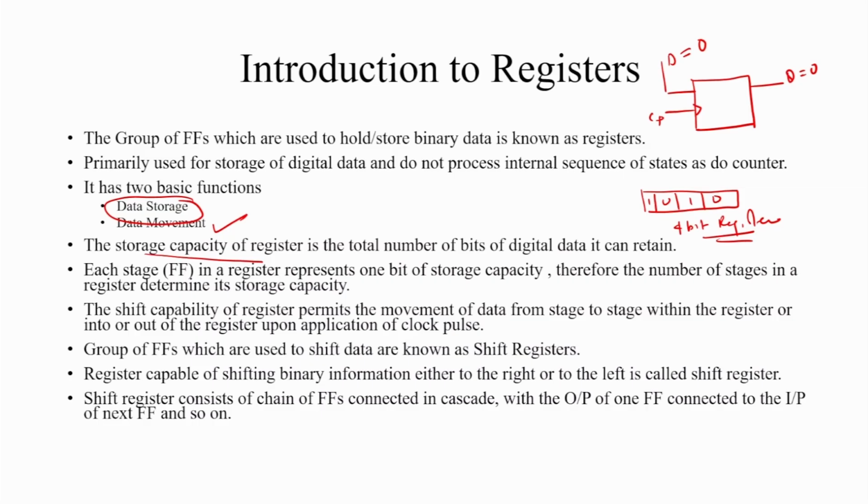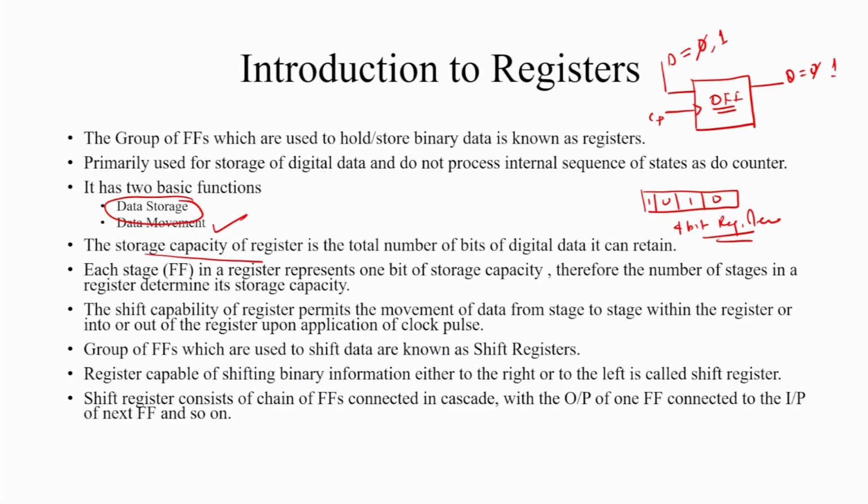When D is equal to 1, then Q is also 1, because we already know the features of a D flip flop. In a D flip flop, when the clock pulse is high, whatever the value of the input, the same is passed to the output; it does not depend on the previously stored value.